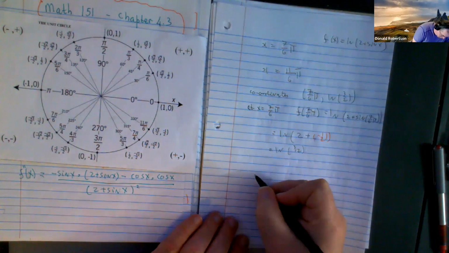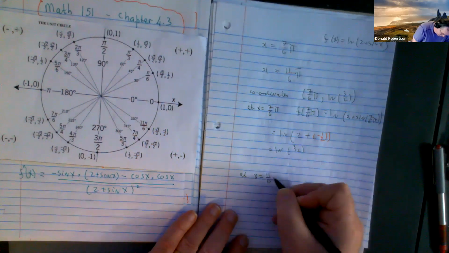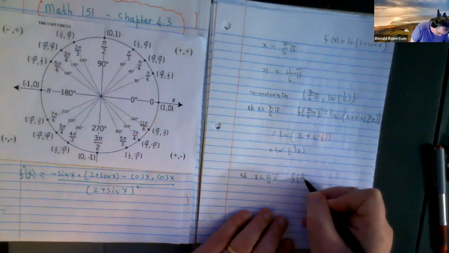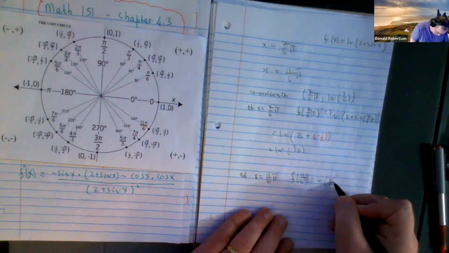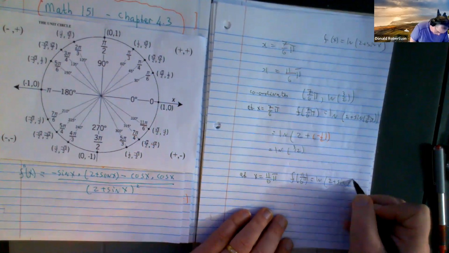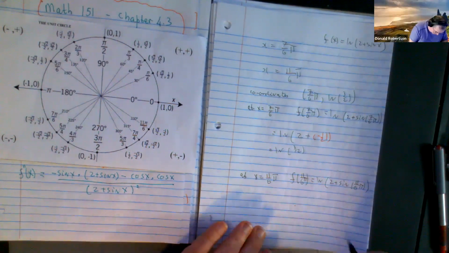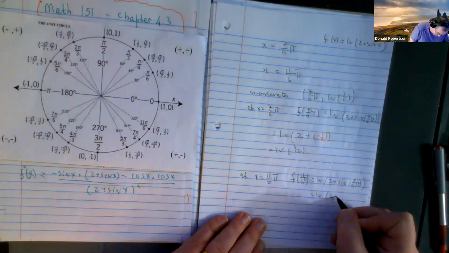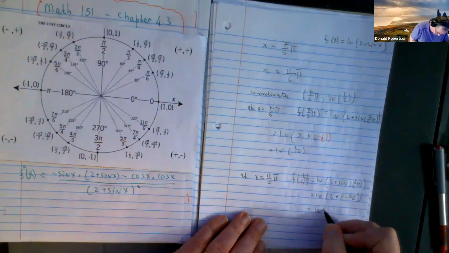Right, let's do the second one now. At x equals 11π/6, that's the other critical number. The value of the function, the original function, is going to be the natural log of 2 plus the sine of 11π/6. And it's pretty boring because it ends up being 2 plus -1/2 again. So it ends also being that.